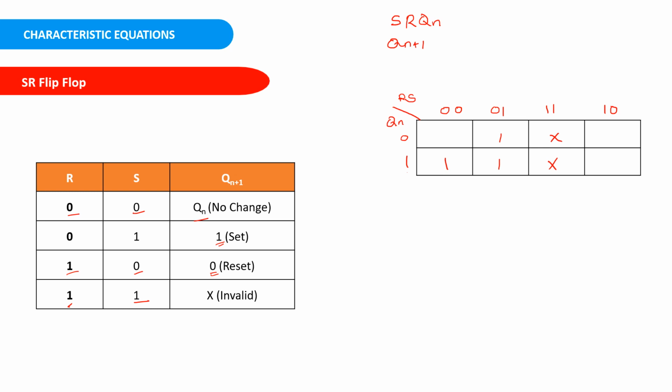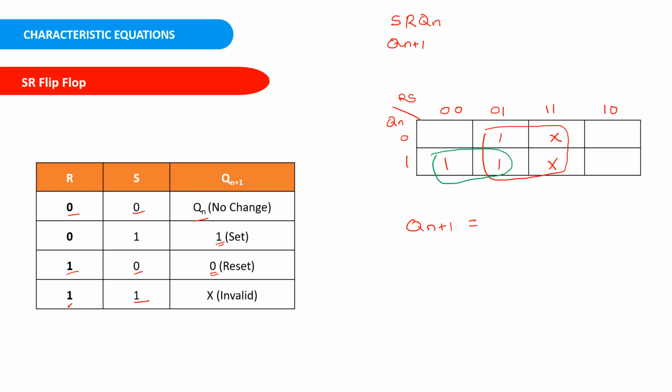Now to find the expression, you can group these four as one group and these two as another group. So the expression will be Qn plus 1 equals, here 0 1 and here 1 1.